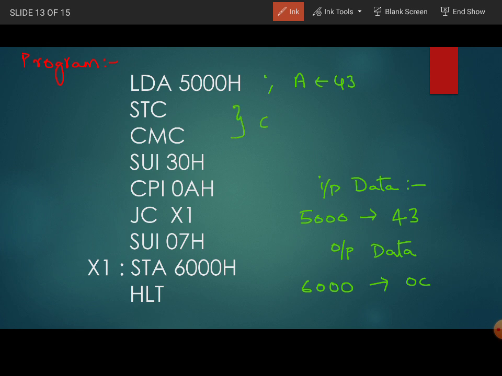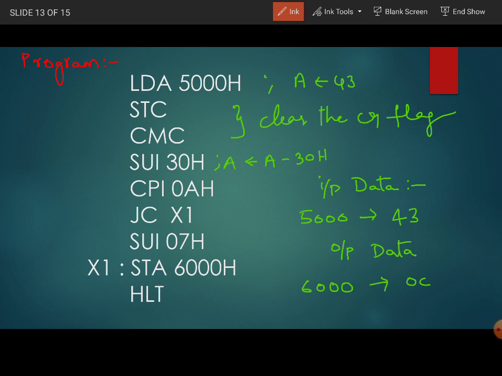Set and complement both will clear the carry flag. And next what are you doing? SUI 30H. Subtract the content of accumulator with the immediate value 30. So A minus 30H, and the result in A.